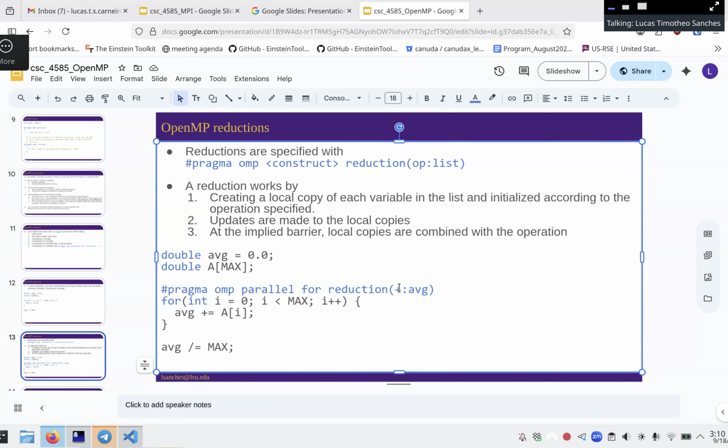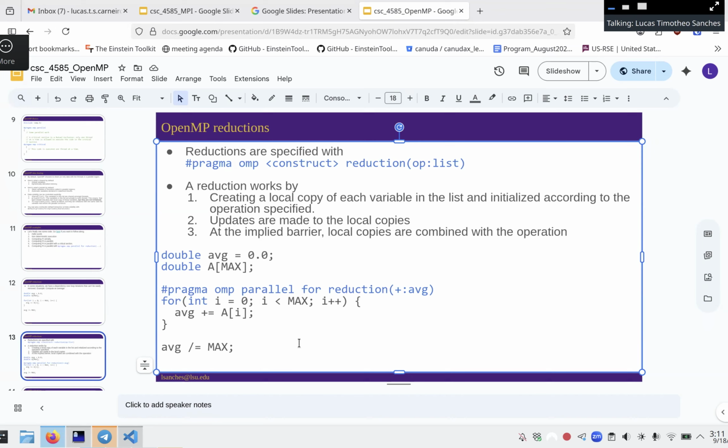So every thread will have a copy of AVG and will add to its local copy the value of A[i]. And then when this loop ends at the implied barrier at the end, all of these local AVGs will be combined with a summation. And then we have the total sum of each of the parallel workers. And then we can just divide and so on.